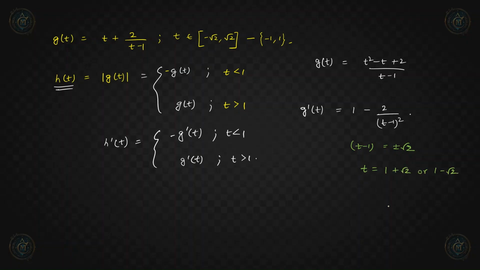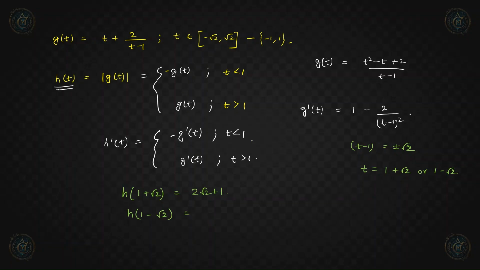Okay, so 1 plus root 2 will lie in this range, right? T is greater than 1, and t equal to 1 minus root 2 will lie in this range. So let us find the values of h of t at these points. So at t equal to 1 plus root 2, we have the value equal to this definition. So this will be simply g of t, that means 1 plus root 2 plus 2 divided by root 2, right? So this will be 2 root 2 plus 1, and this h of 1 minus root 2, if we calculate, this will be minus g of 1 minus root 2, right?